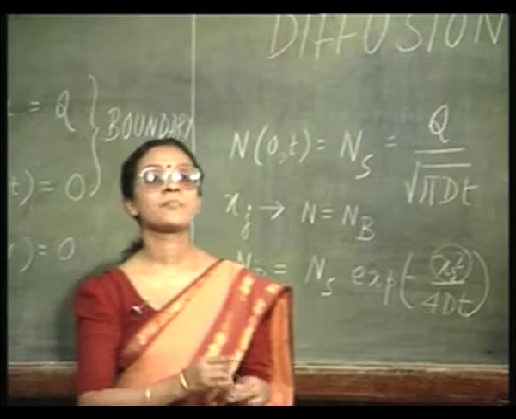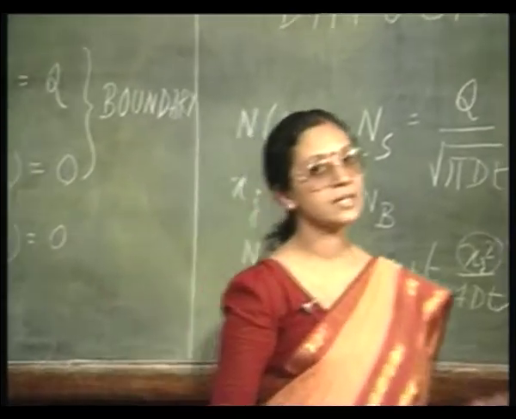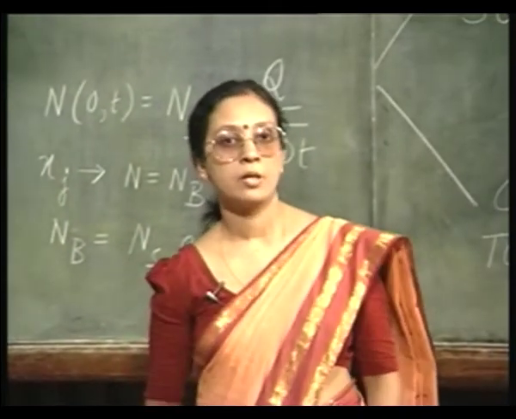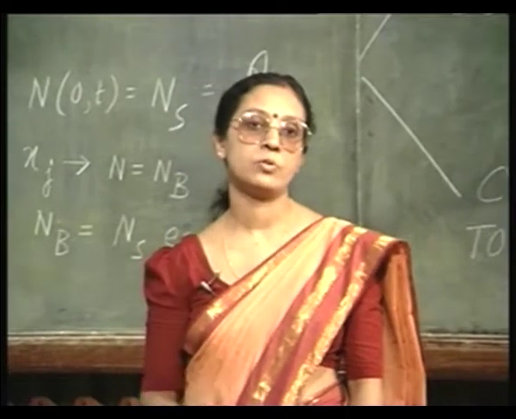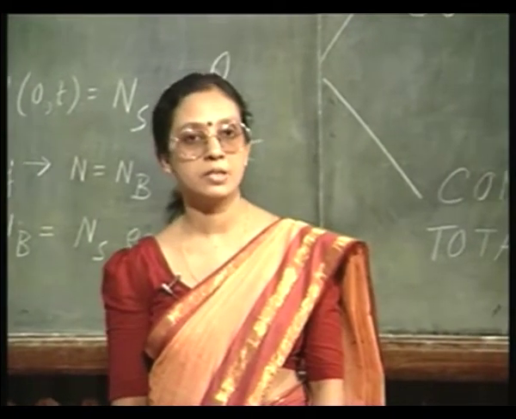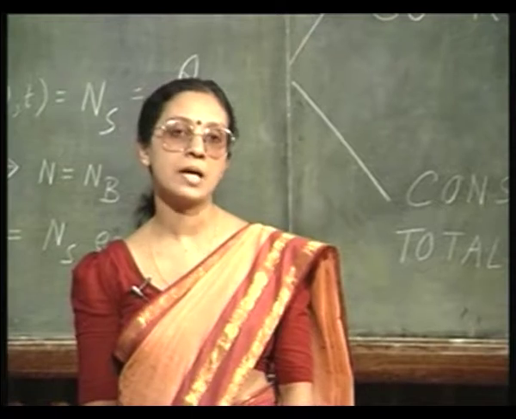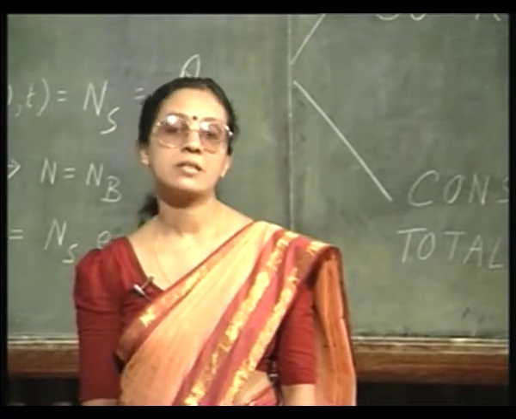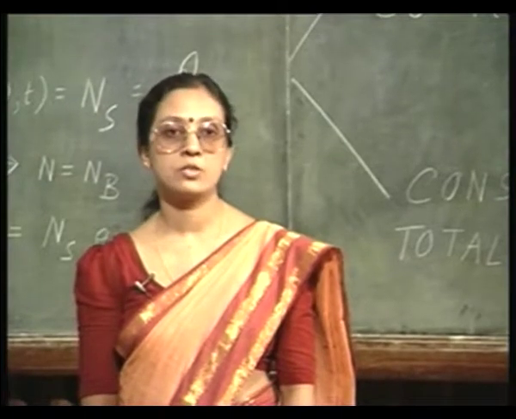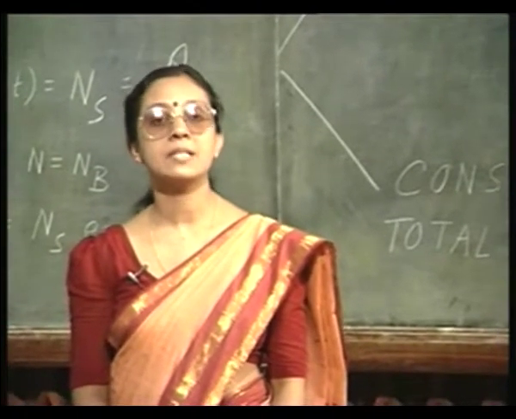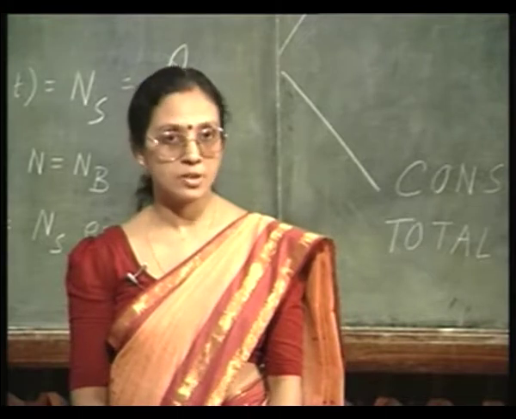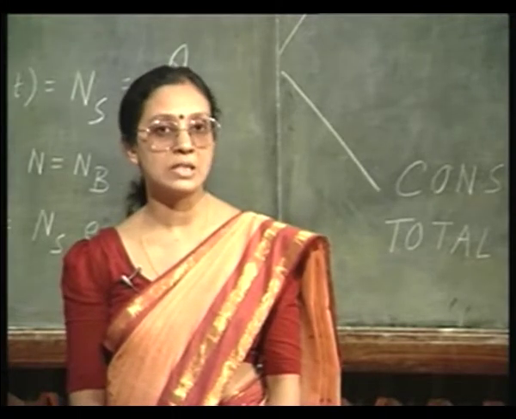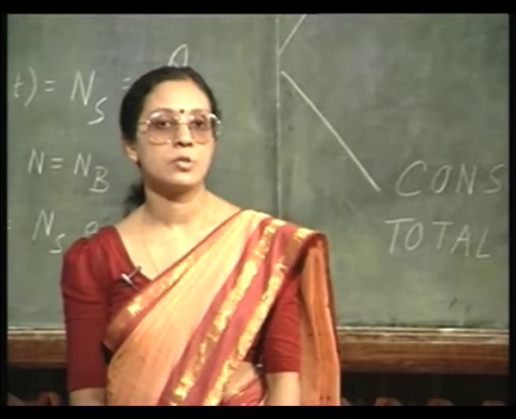So, you see, this Dt is a very important factor as far as diffusion is concerned, D multiplied by t, diffusion coefficient, which has a unit of centimeter square per second and time is usually given in seconds. So, Dt actually has the dimensions of centimeter square, or square root of Dt has the dimensions of length.